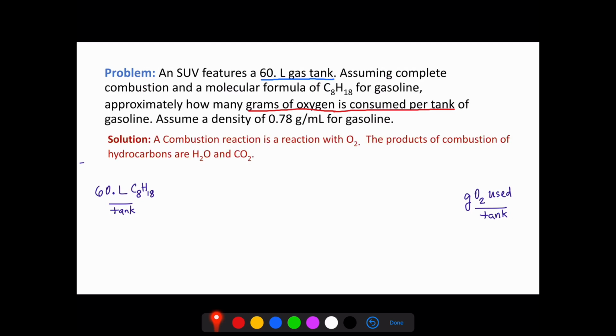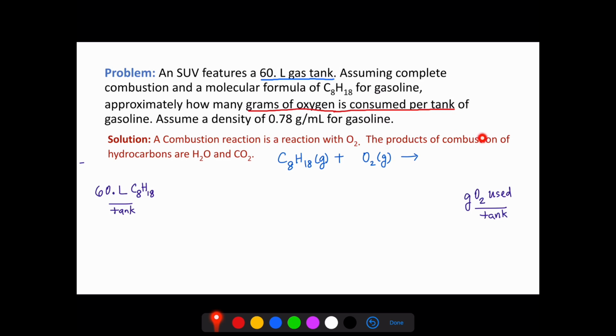Note that a combustion reaction is always a reaction with oxygen. So oxygen is going to be one of your reactants. Since you're burning this gas, this is one of your reactants and oxygen is the other reactant. Okay, let's put those on the reactant side. The gas reacting with oxygen or burning in the presence of oxygen.